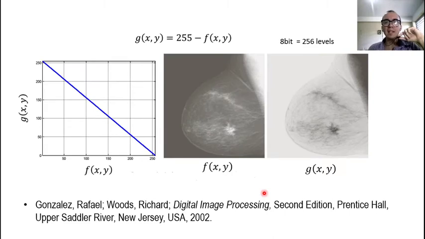In this slide we have the explanation of how to understand what a negative of a digital image is. As we can see in this example image, taken from this classical book, this transformation is about inverting the gray values of each pixel of the image.